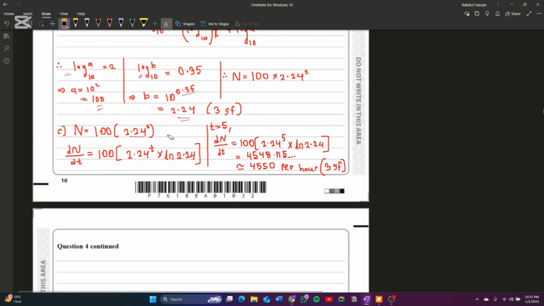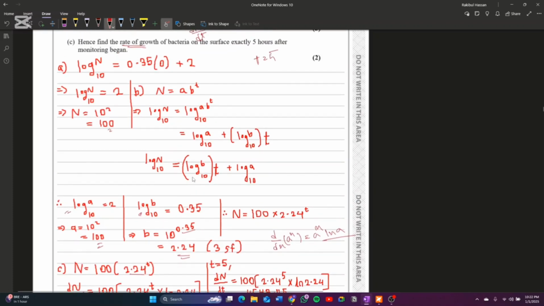If you're confused about how this came, this is the formula: d by dx of a to the power x equals a to the power x ln a. We know this formula. So putting the value of t equals 5 into this, we find that the growth rate is 4,550 bacteria per hour.